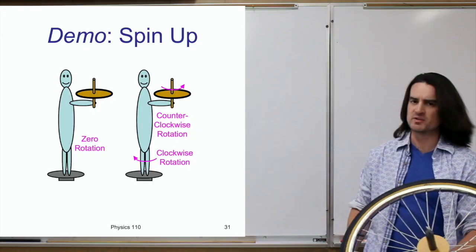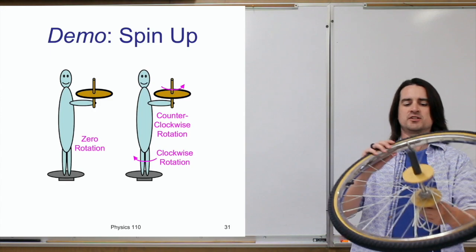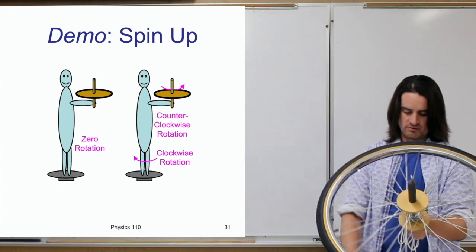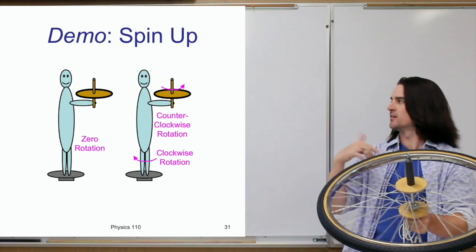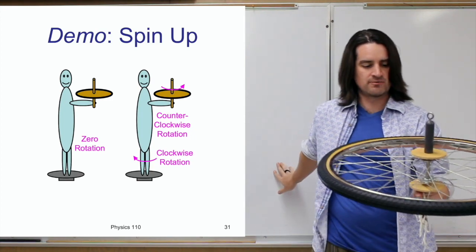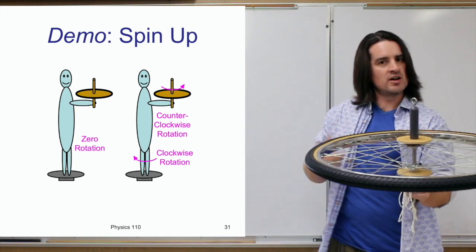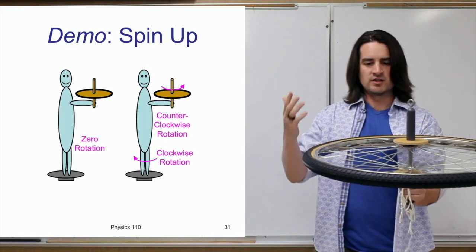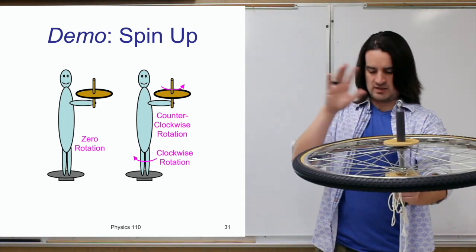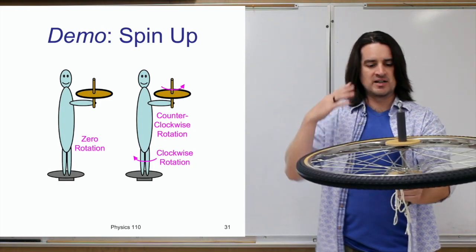One other way, this might even be the simpler one to say to begin with, actually, maybe I should have started with that one. Again, this thing can rotate, the stand can rotate, so that means I can rotate. If I just stand on this rotating platform with my bicycle wheel, but none of us are rotating, then there's zero rotational momentum right now. And we're this isolated combined system right here.